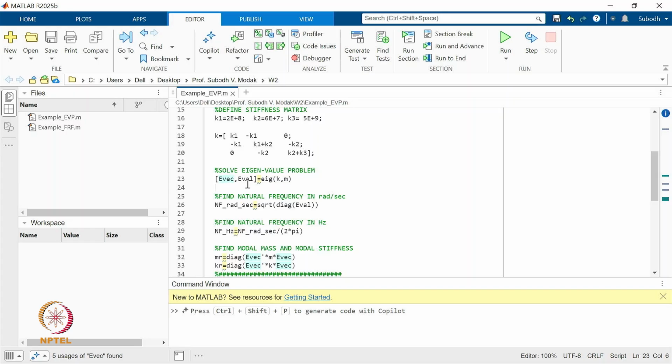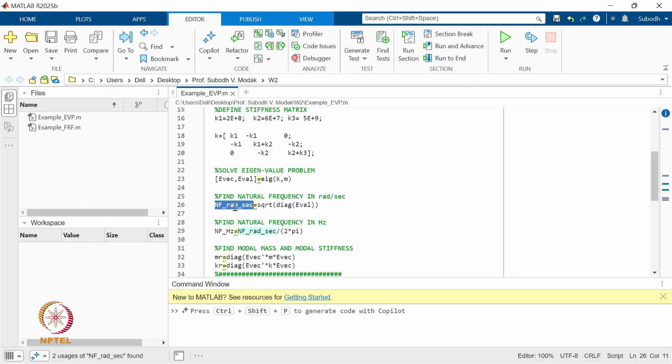And now we can find the natural frequencies from the eigenvalues. What does this statement do? On the right hand side, it takes the diagonal entries of the eigenvalue matrix and then takes the square root of those entries and stores it in the vector which I have named NF rad sec, which means the natural frequency in radian per second.